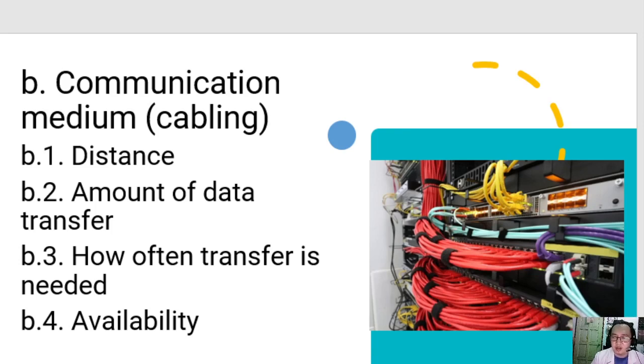Copper and optical fibers are considered to be less expensive compared to fiber optics, and so are telephone lines and satellite transmissions. Then third, how often transfer is needed.